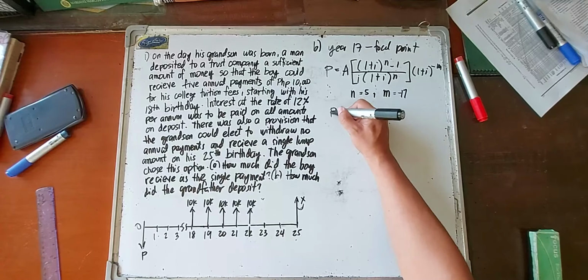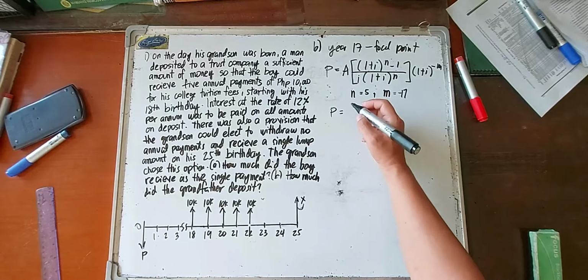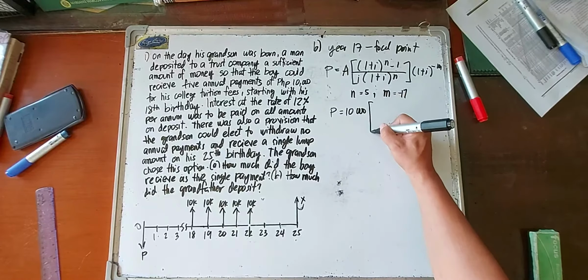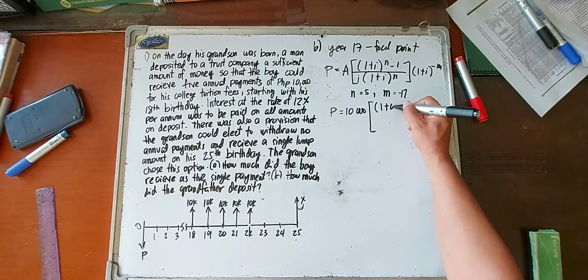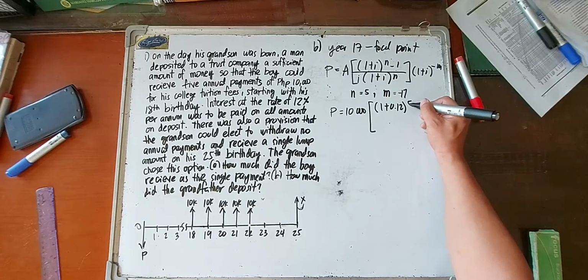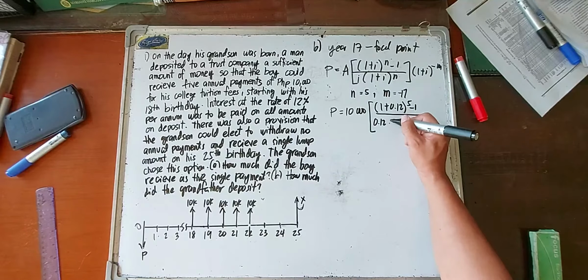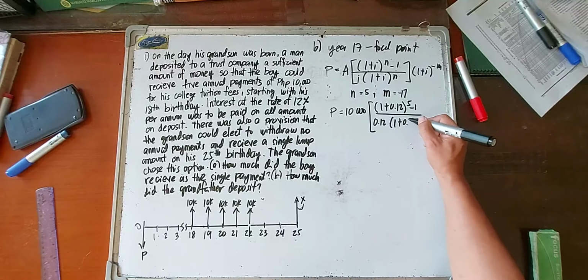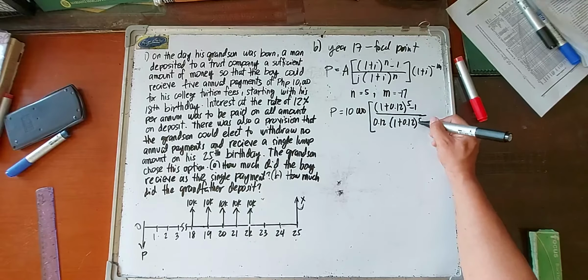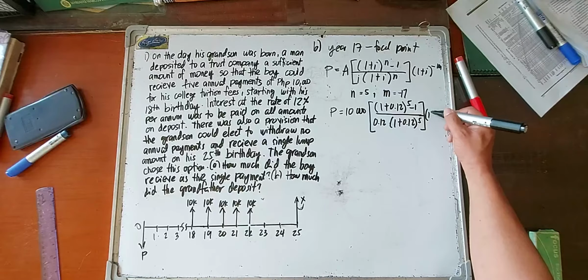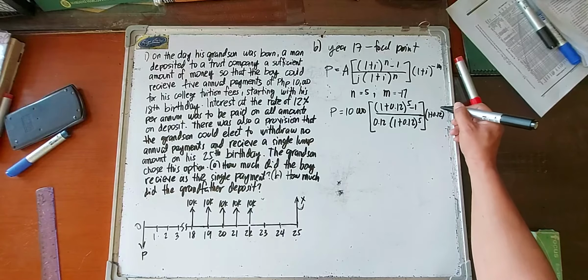So solve natin yung present worth. A is 10,000. Negative 17.